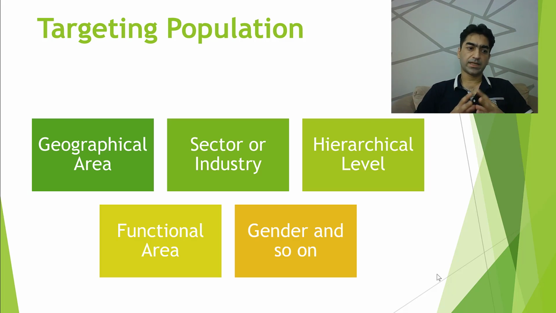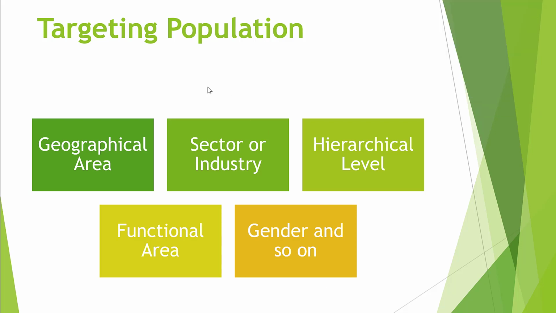But the point here is, if your population is quite broad, with so many elements, then you have to collect as much data and you need more resources. So try to limit your population and think pragmatically, and this is how we have to be very conscious about the population.